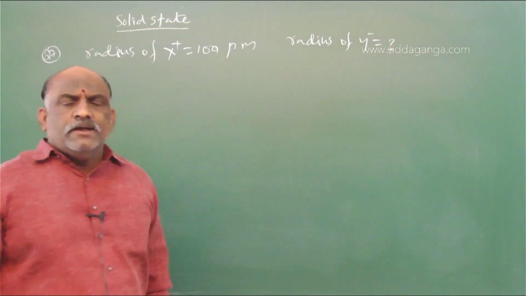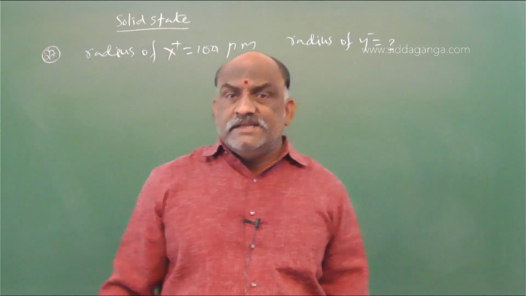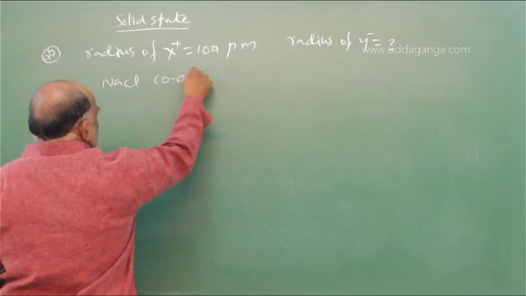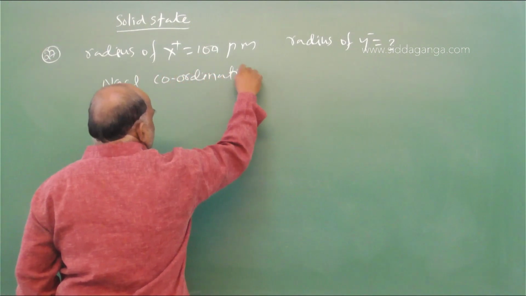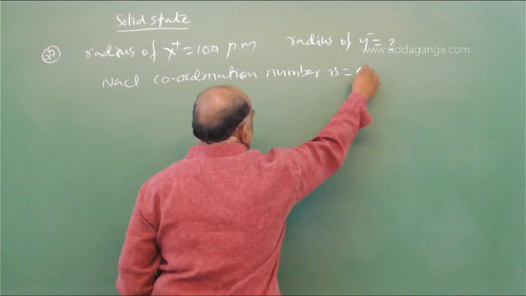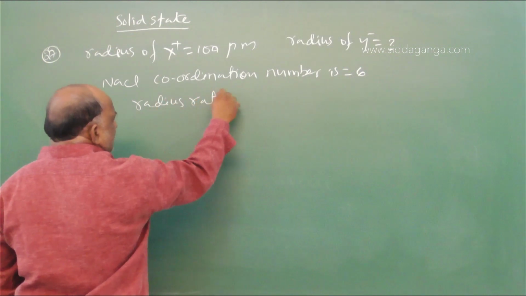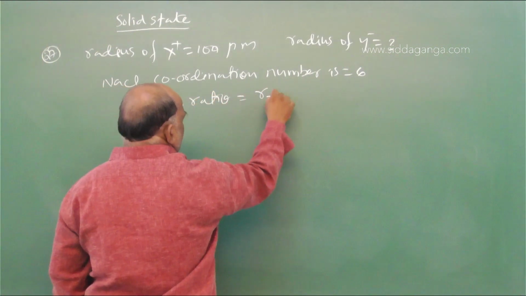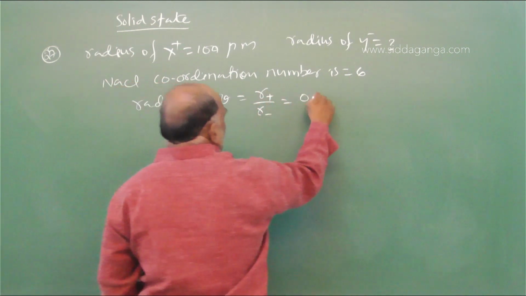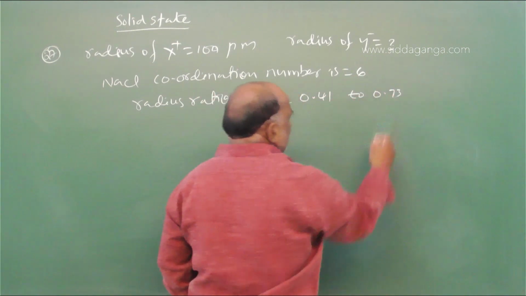So we know that NaCl is a face-centered cubic unit cell. NaCl coordination number is 6. Radius ratio, that is r plus by r minus, is equal to 0.41 to 0.73.